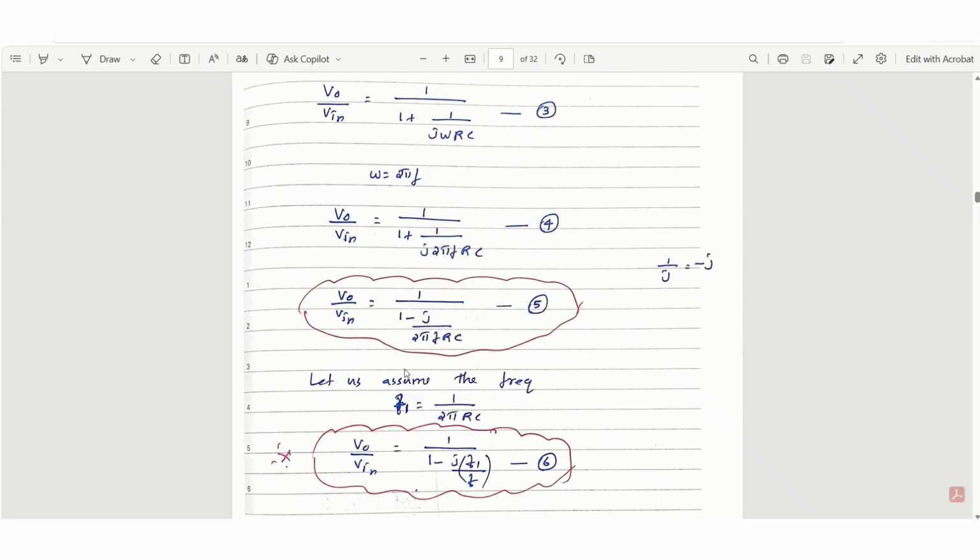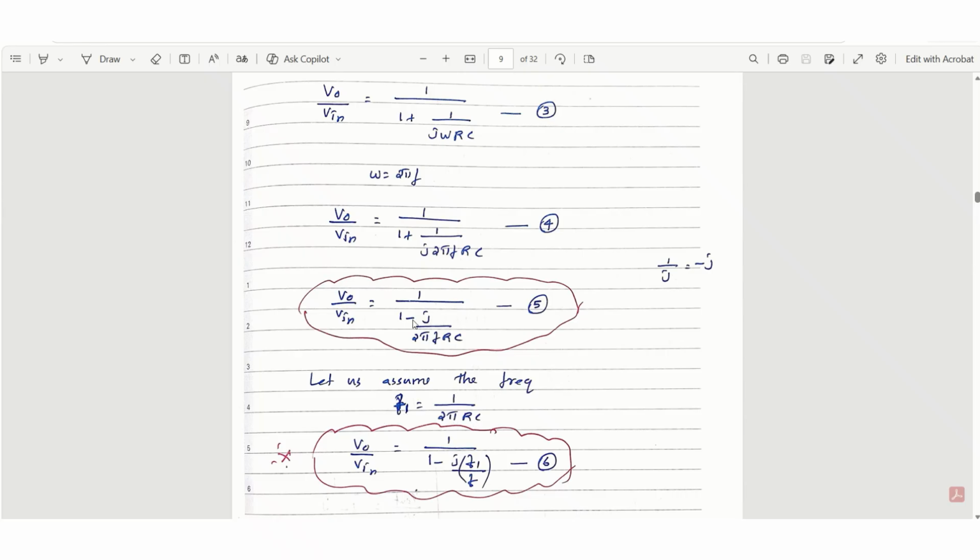Let us assume the cutoff frequency of the high pass filter as F1 or FL equal to 1 by 2 pi RC. As we know, the cutoff frequency of a high pass filter is denoted by F1 or FL, which is equal to 1 by 2 pi RC.